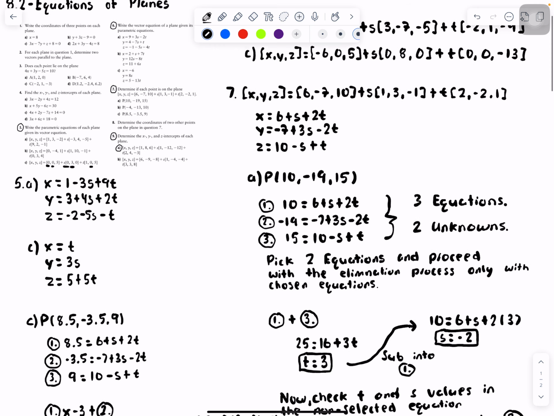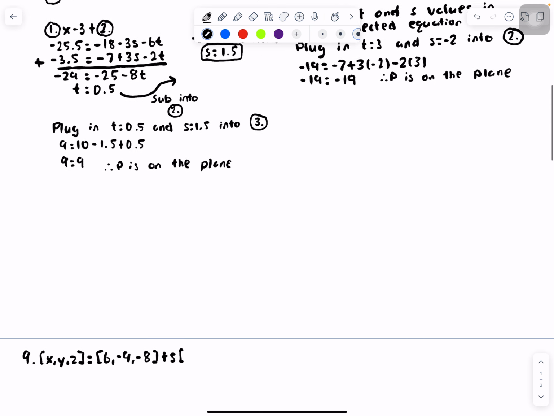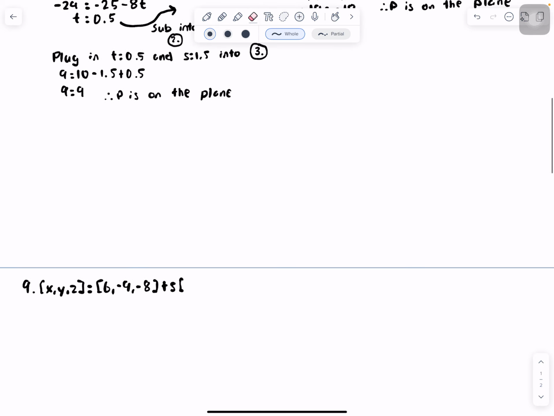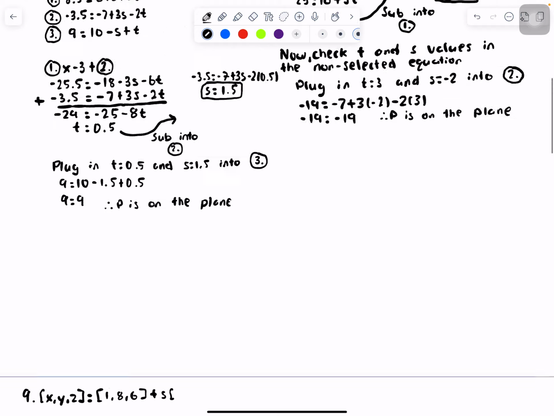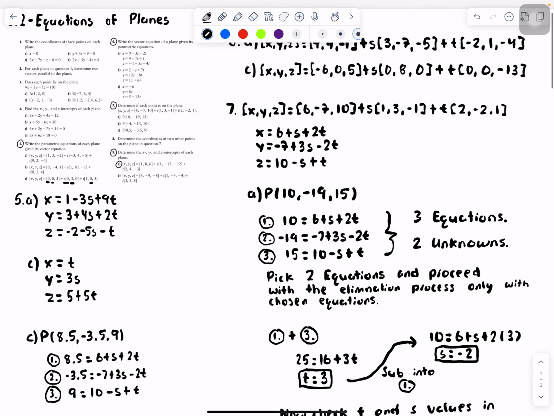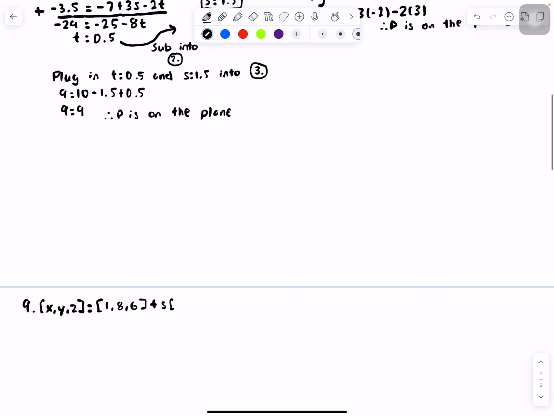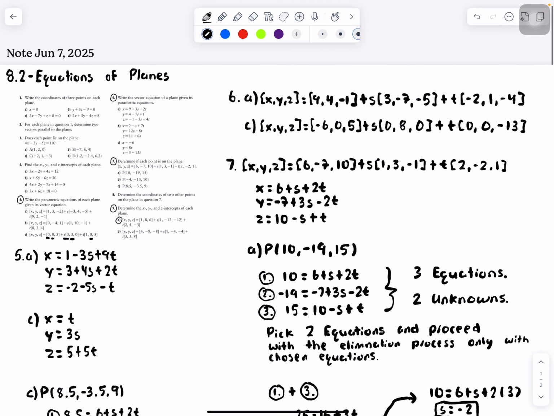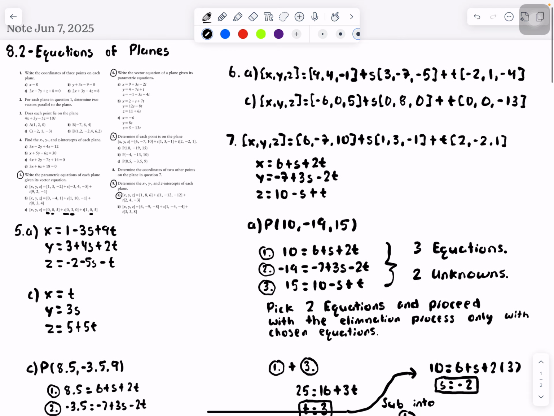Oh, I was looking at the wrong one. 186, 1, negative 12, negative 12, plus 2, 4, negative 3.